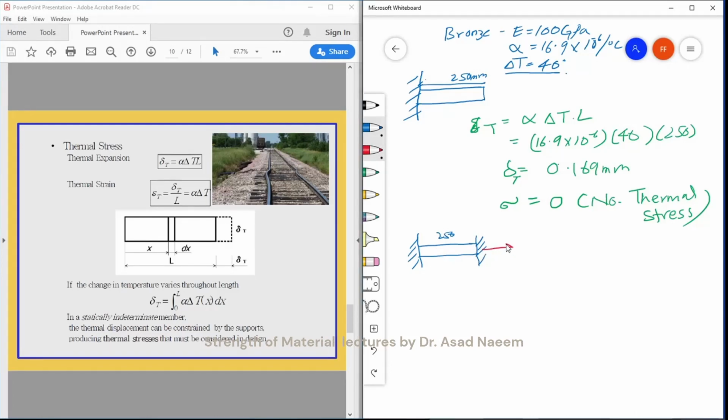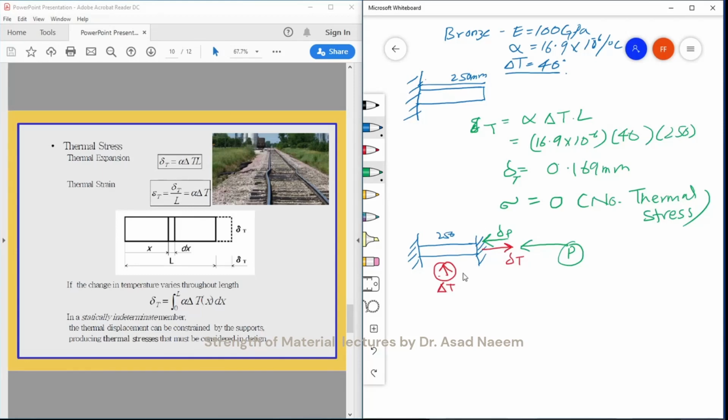There will be delta T, ठीक है? अगर यहाँ temperature change हो रहा है, I mean the temperature is changing, delta T, so it will cause the displacement in this bar, which is deformation due to temperature, ठीक है? उसकी वजह से there will be a normal force, which we can call P, acting in opposite direction because of the stress. So this will cause delta or change in the body in opposite direction. So that's what I was trying to explain.